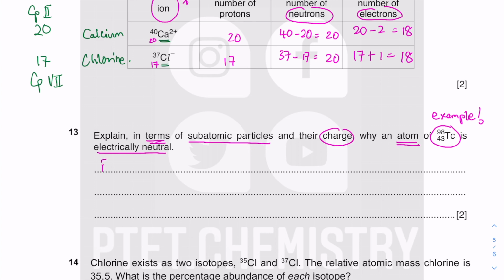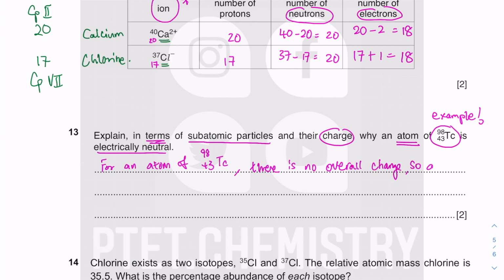Okay. So for an atom, I'm talking about an atom of 98 43 Tc, there is no overall charge.